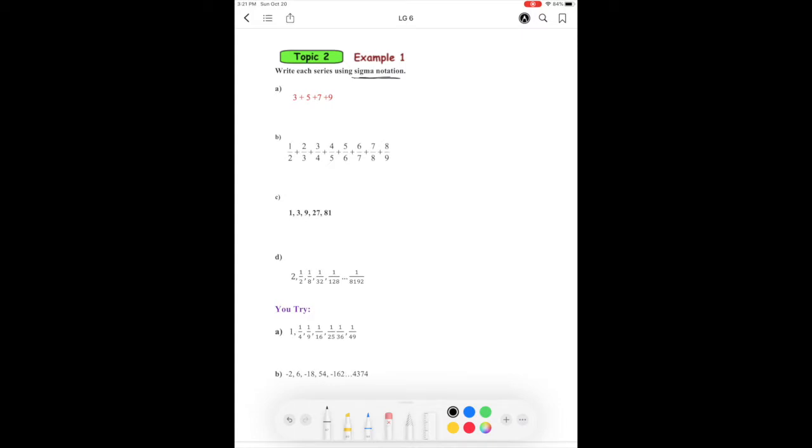Well, if you look at this, the pattern we can see is that it looks like it's going up by 2 each time. And it is. So we're adding 2. So now right away I think, oh, this is an arithmetic sequence.